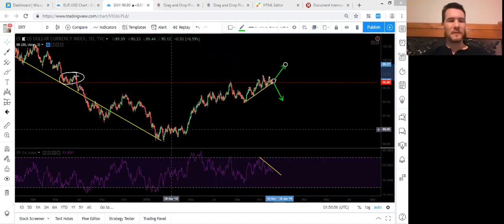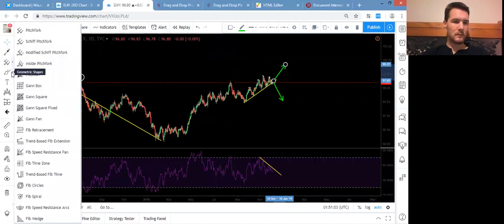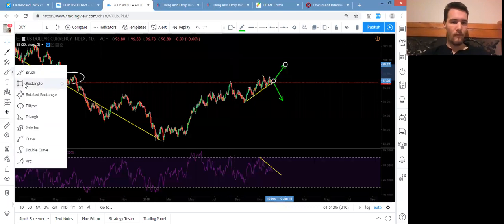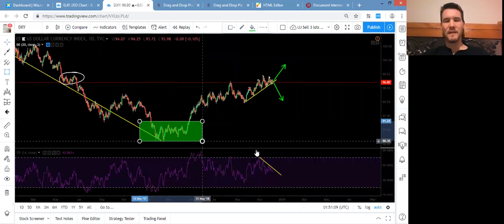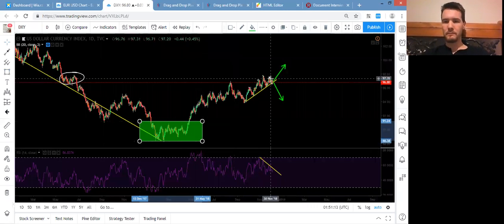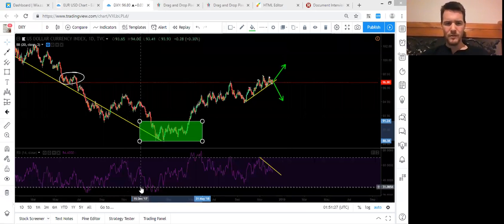Down here at the bottom, can anyone tell me what happened here in the chat box, please? Can anyone tell me what that is right there? Consolidation. I'm kind of looking for something else, though. Divergence.